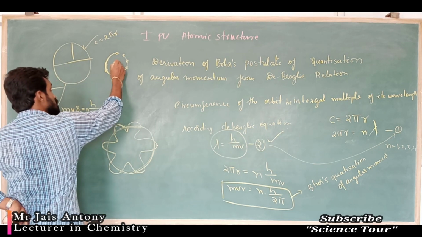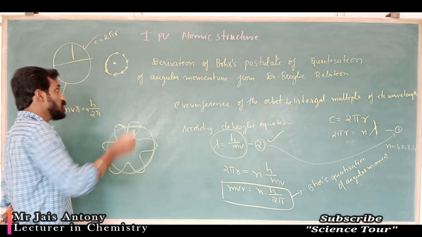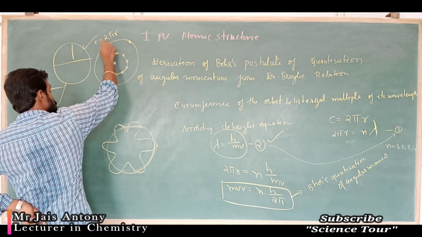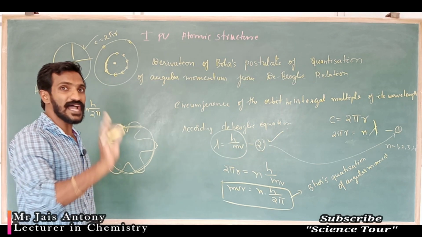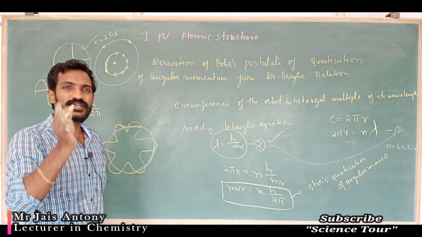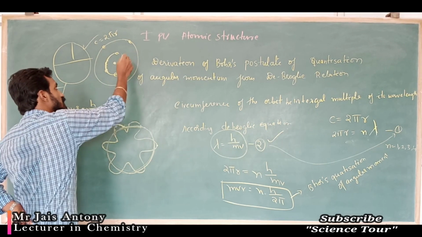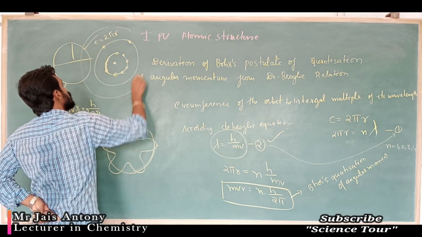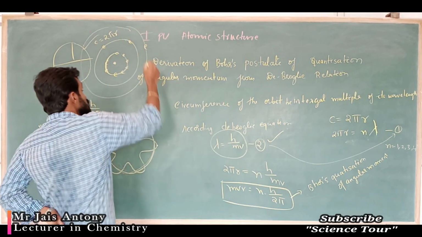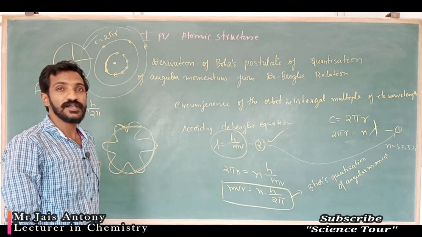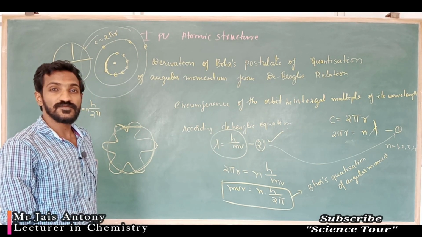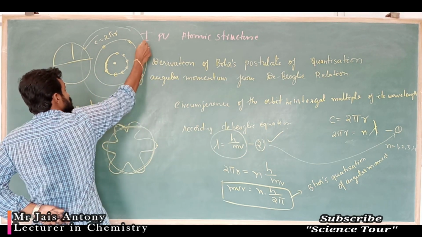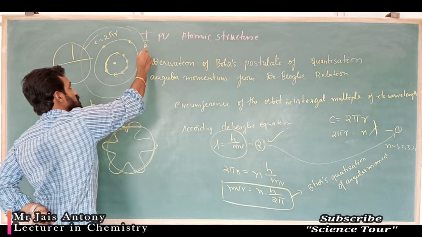But see, in this orbit it is quantized. If you consider one more orbit, in that orbit it is also quantized. That means a fixed value for this orbit, a fixed value for that orbit. And one more electron, I will name it Kumar electron in the third orbit.